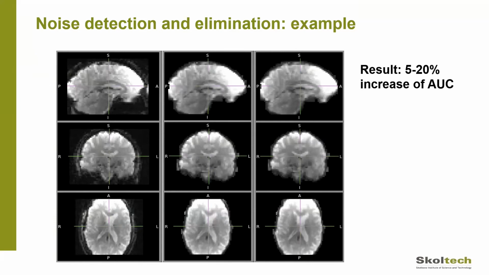When we decompose the fMRI signal into components, remove one of the components, and then compose the signal back, we get this result. When we delete the noise, according to experiments in some tasks, this can improve accuracy of classification by up to 5-20%.